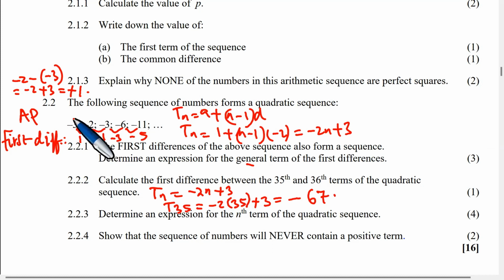Between the first and the second, the first difference is 1. But how can we prove that the first difference is 1 using the formula? Between the first and the second, that difference is the first term.